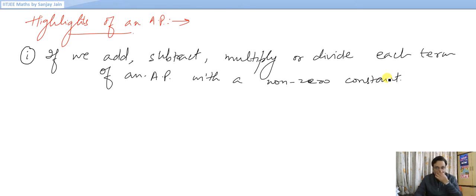If we add, subtract, multiply or divide each term of an AP with a non-zero constant, then the resulting sequence will also be an AP.